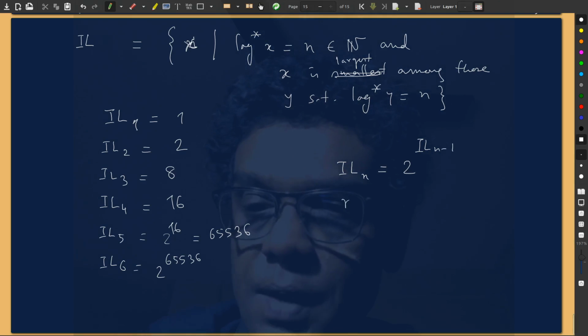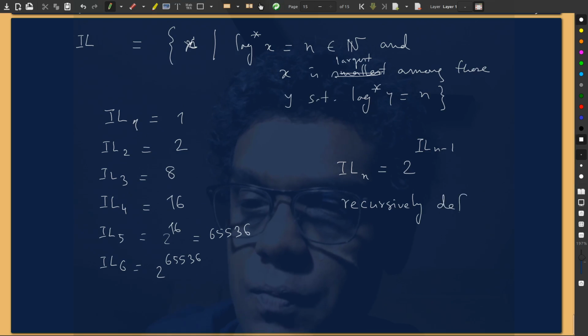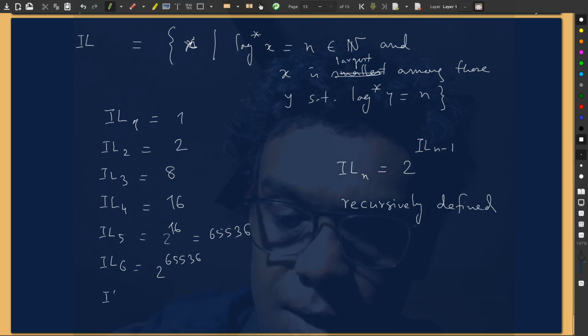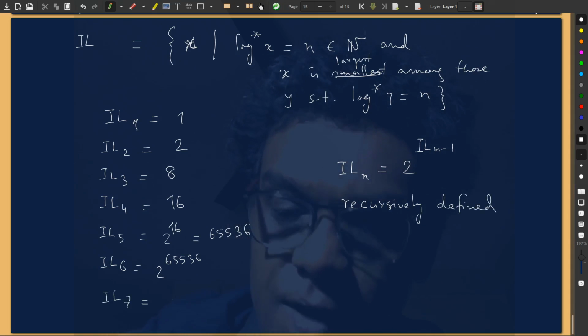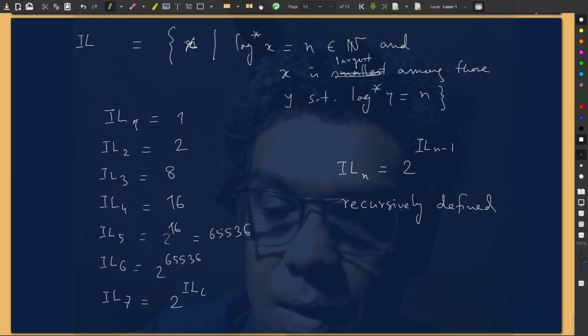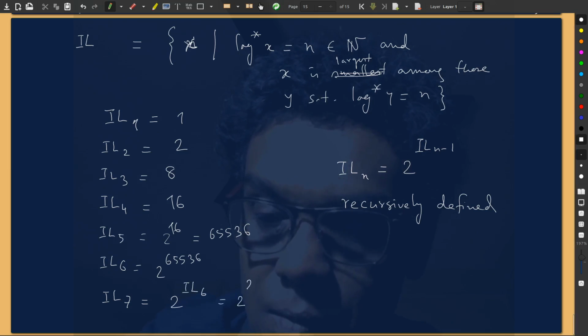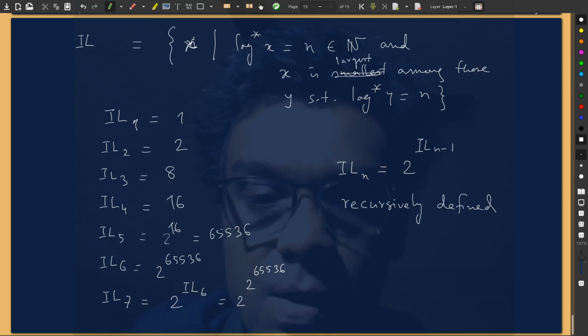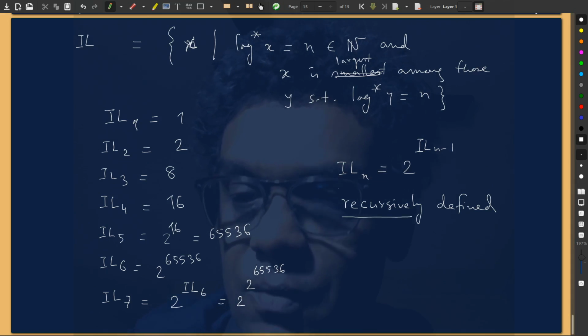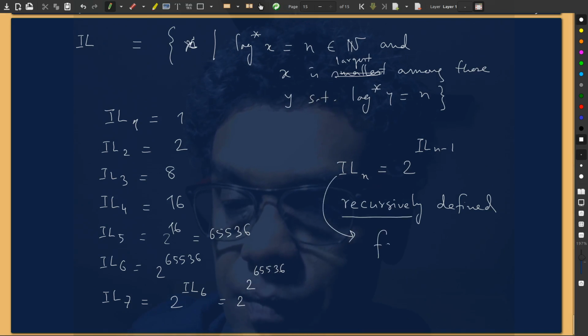So this sequence can also be recursively defined, although it is a very, very fast growing function.